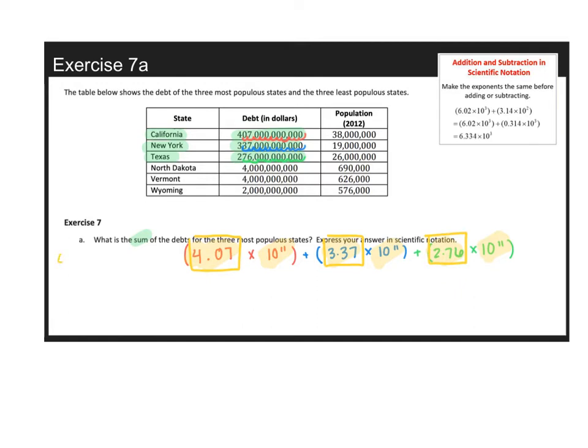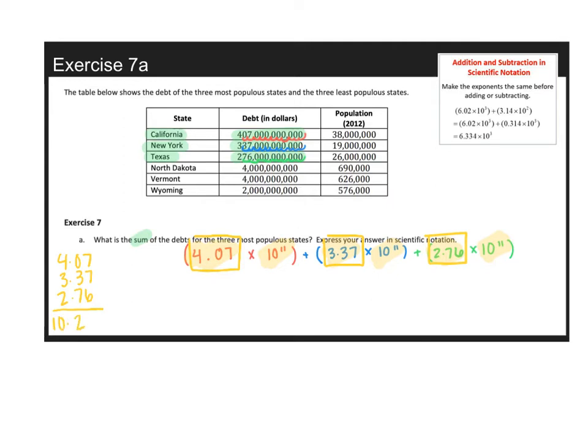So add those off to the side. Okay. And I'm just going to do it in my calculator, just to be sure. I get 10.2.